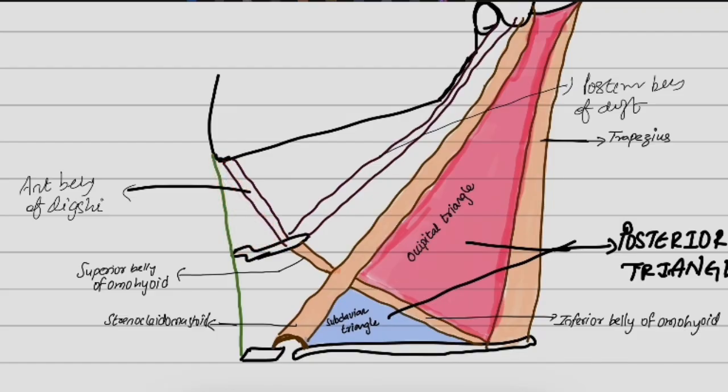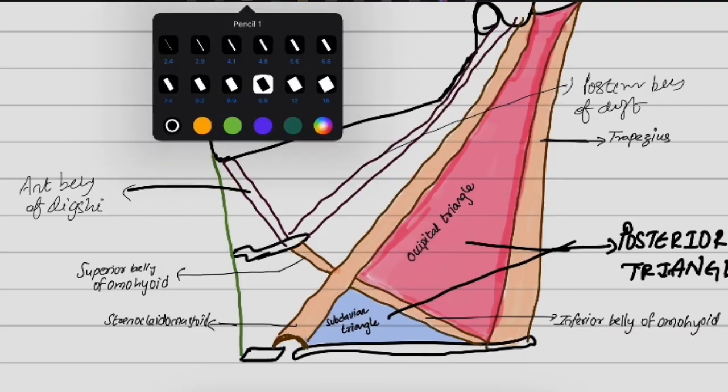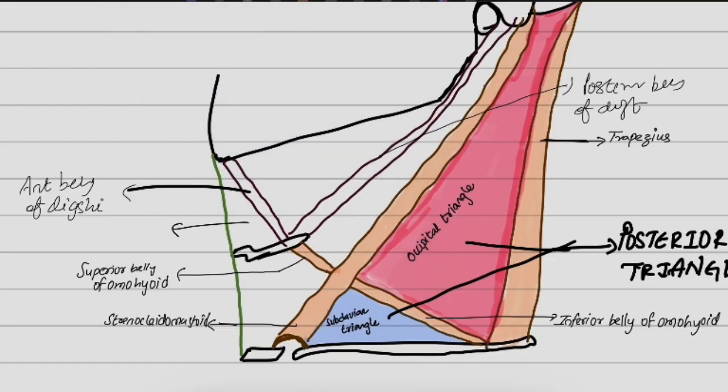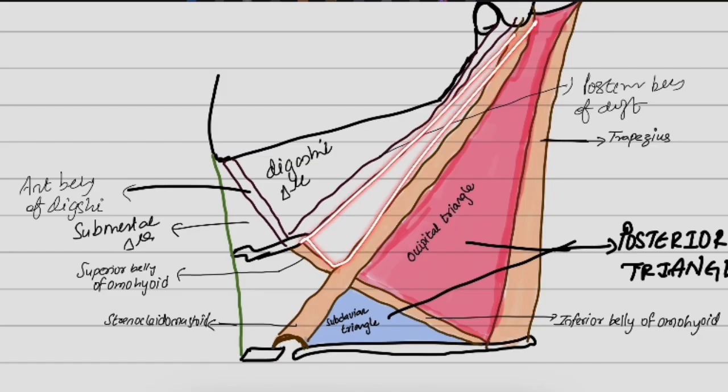Now look here, this triangle which I am highlighting with the laser is known as the submental triangle. This triangle is the digastric triangle. This one, the triangle which I am highlighting, is the carotid triangle, and this one is known as the muscular triangle.